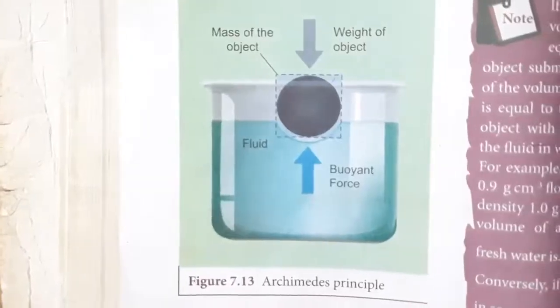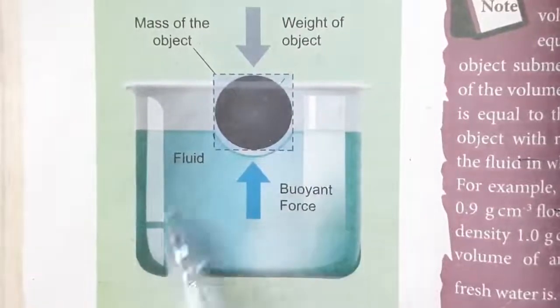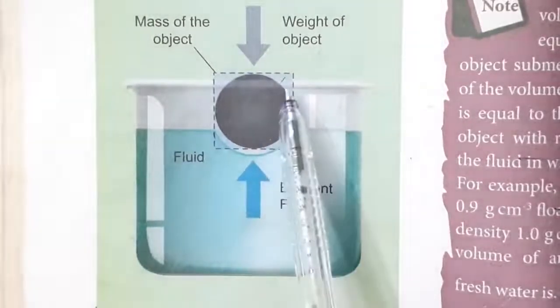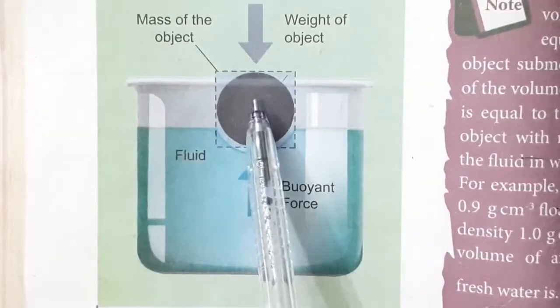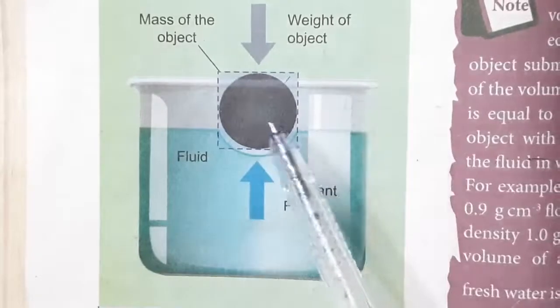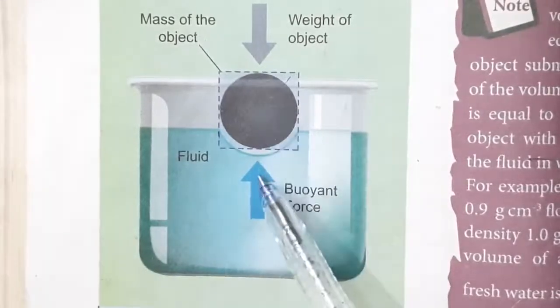Look at this figure. There is a container filled with the fluid, and an object is immersed in this fluid. So here, it is either partially immersed or wholly immersed. What will happen? The weight will be acting downward.